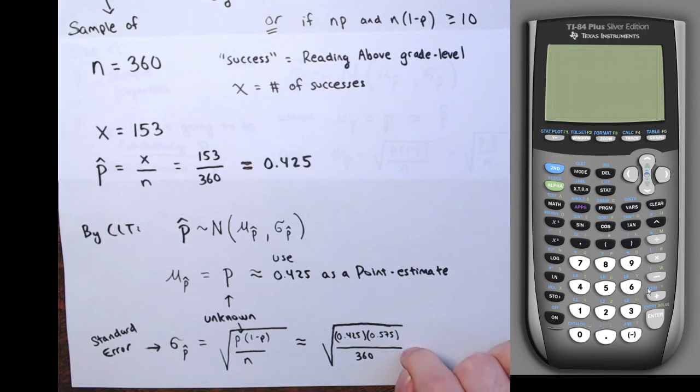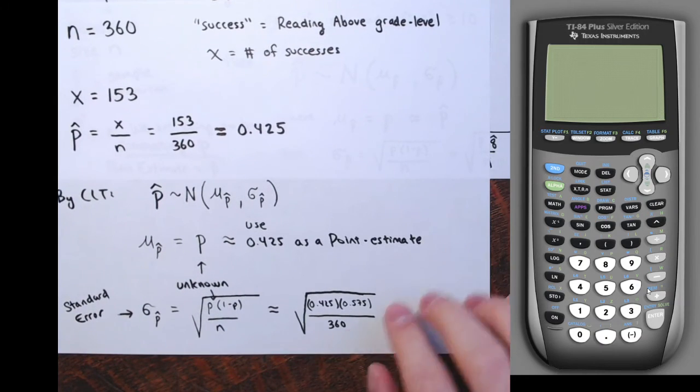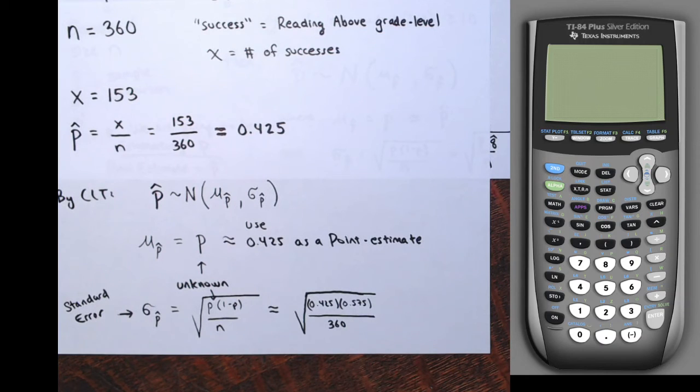All right, so I'm going to enter this value, the square root of 0.425 times 0.575 divided by 360, and make sure that's all inside the square root. So square root of 0.425 times 0.575 divided by 360, and again, make sure all of that is underneath the square root.